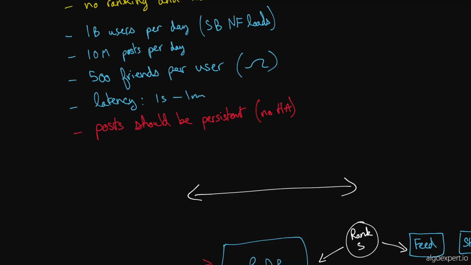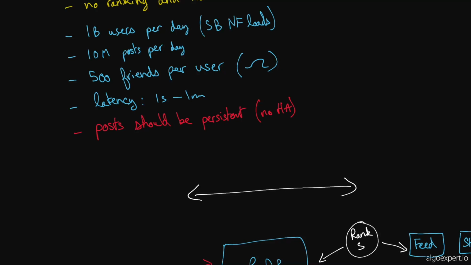And then let's assume that a single post is, as an upper bound, maybe 10 kilobytes. I want to go with 10 kilobytes just because we can store images and videos in posts. I know that you said that we don't have to worry about how we're going to handle that, but the point is a post can have a lot of data in it. So I'm just going to give ourselves an upper bound of 10 kilobytes per post.